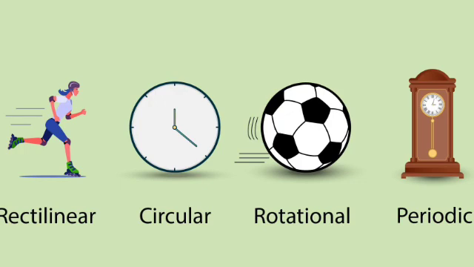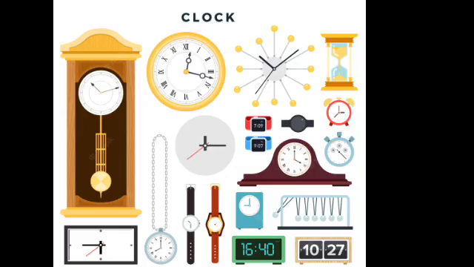Thus, if we know the distance covered by two buses in 1 hour, we can tell which one is faster. We call the distance covered by an object in a unit time as the speed of the object. When we say that a car is moving with a speed of 50 kilometers per hour, it implies that it will cover a distance of 50 kilometers in 1 hour.